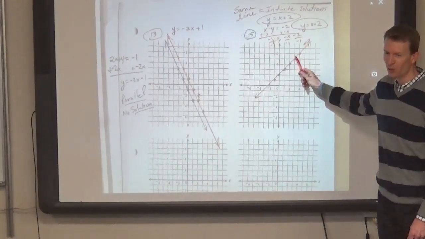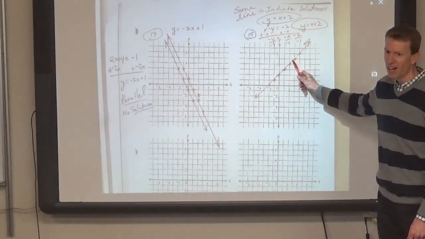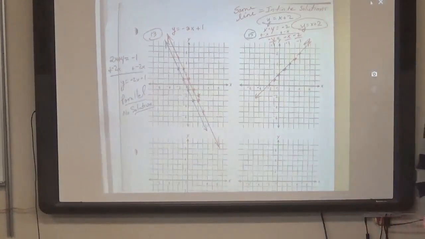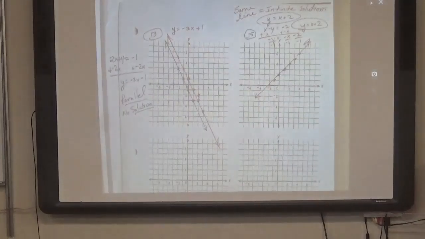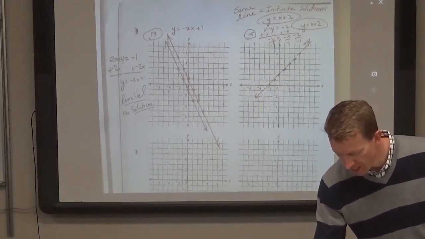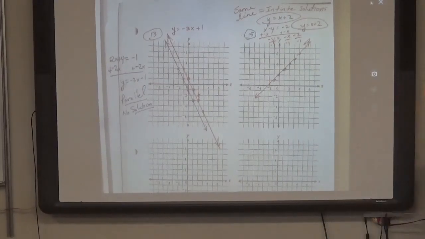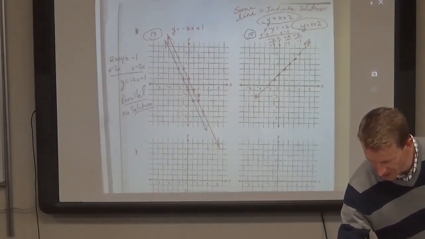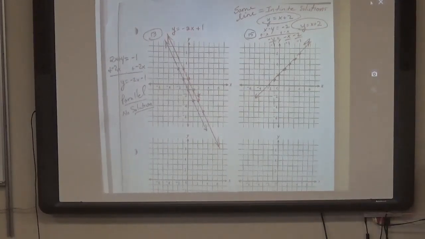You have to write every point that they cross, and you can't do that, so you just have to write infinite. I just did x equals 2. No, that doesn't work, because one of your lines is wrong then. This is the only line there is. Or actually, it's the other one. This is the only line. This one is not part of the equation.